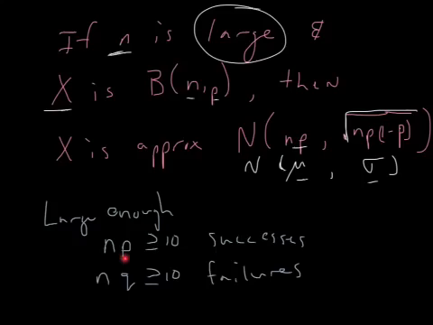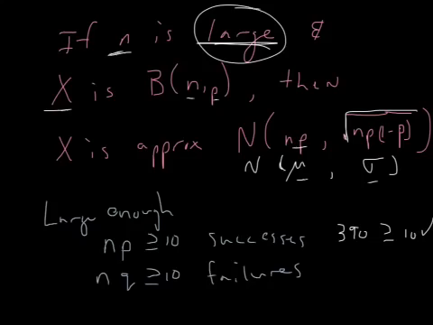So N times P is greater than or equal to 10, which for our problem, N times P was 390, bigger than or equal to 10, check. And then N times Q is greater than or equal to 10, which is the number of failures. What we want to say is we expect at least 10 successes and 10 failures in our sample. If you gather a sample and you have that expectation of at least 10 of each, then that's what we consider to be large enough.